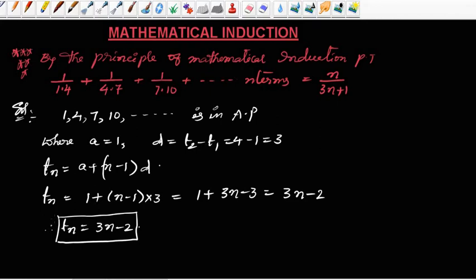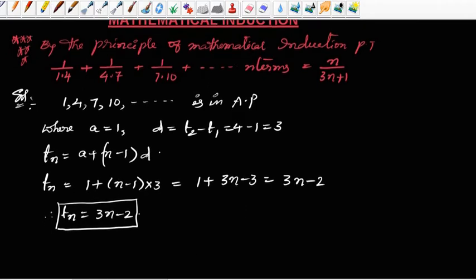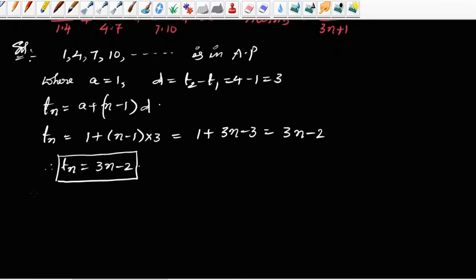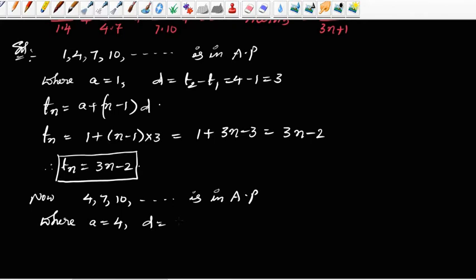Next, in the second factor, consider the sequence 4, 7, 10 and so on. This is also in AP, where the first term A is equal to 4 and the common difference D is equal to 7 minus 4, which is 3.